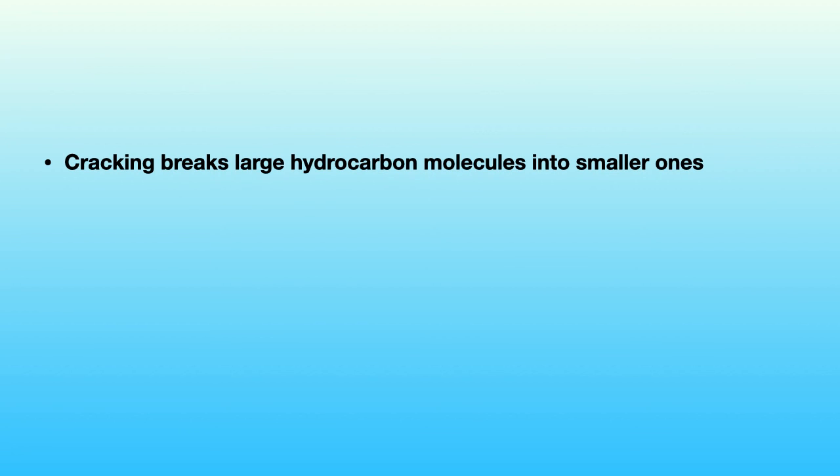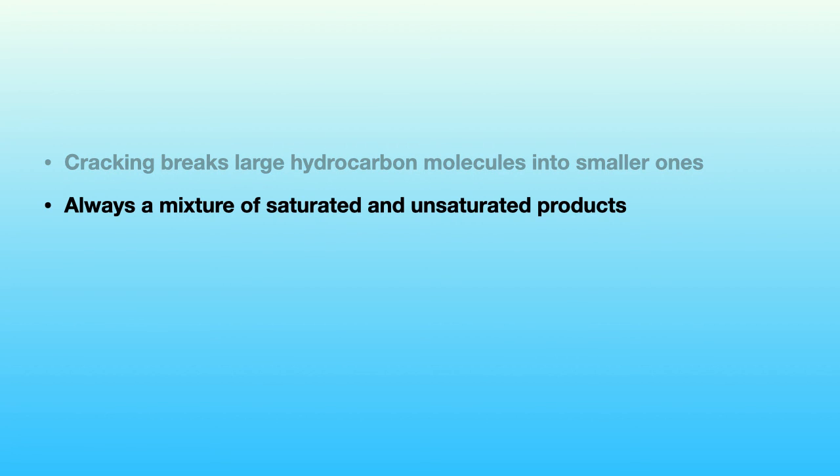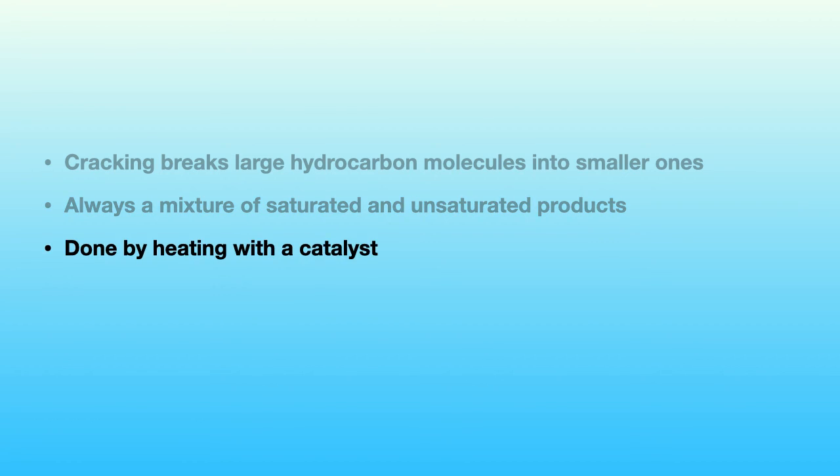Okay, summing up then. Cracking breaks large hydrocarbon molecules into smaller ones. That's the definition of cracking. And it always produces a mixture of saturated and unsaturated products, simply because you don't have enough hydrogens for both products to be saturated. We do it by heating with a catalyst.